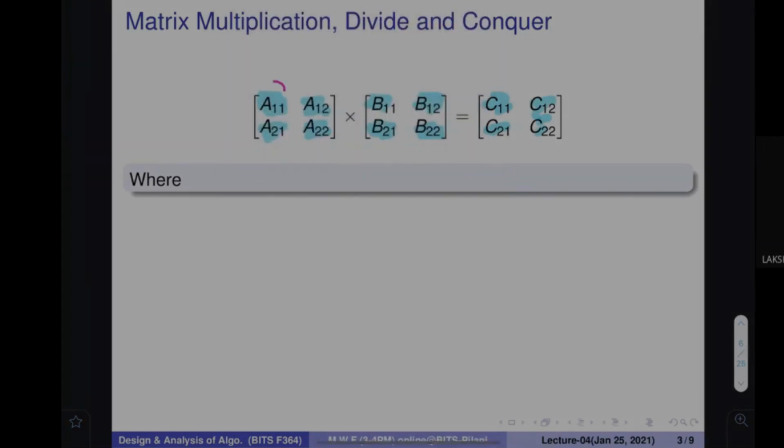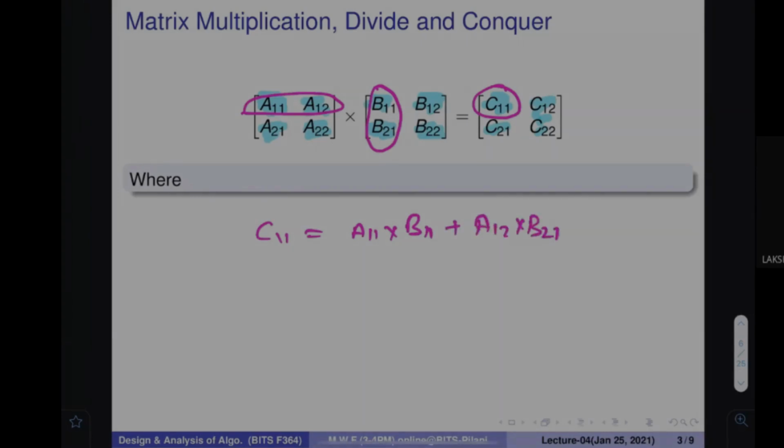In the same way, we can find out the multiplication as we have done earlier. How to find out the C11? C11 is going to be the multiplication of these terms with these terms. Make sense? C11 is equal to A11 multiplied by B11 plus A12 multiplied by B21. Similarly, if I ask the second part, you can compute it by yourself.